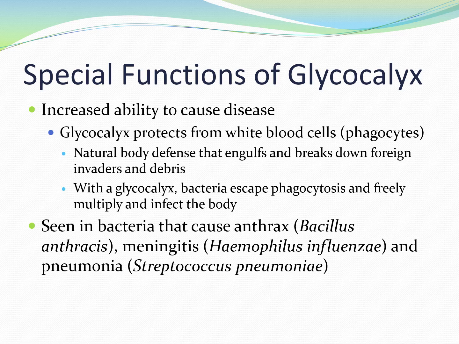So more about the glycocalyx and its special functions. So it's going to increase the ability to cause disease. So glycocalyx, the slimy outside of the cell, that capsule will protect the cell itself against white blood cells, or phagocytes. And remember that that is going to be your body's natural defense that is going to have the ability to engulf and break down foreign cells or foreign debris.